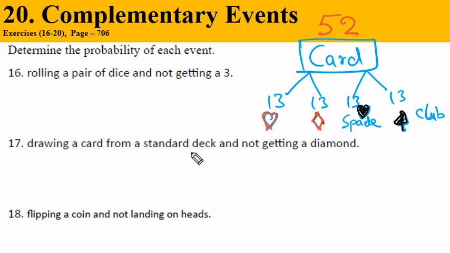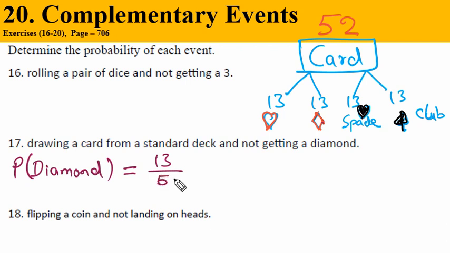Now let's try to solve this. Drawing a card from a standard deck and not getting a diamond. First, I will solve for getting a diamond. Now, all of you like diamonds, right? Everybody does. Okay, so the probability of getting a diamond is what? How many diamonds do you see here? 13 diamonds. This is favorable.